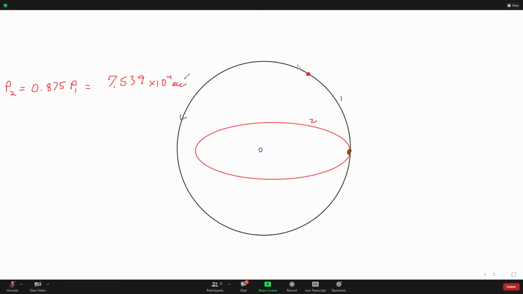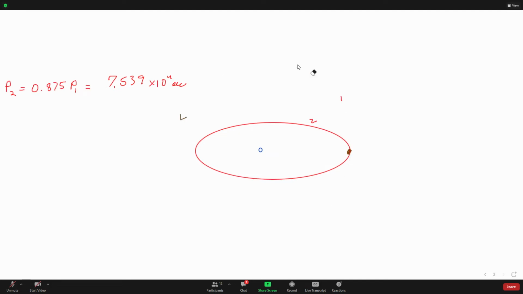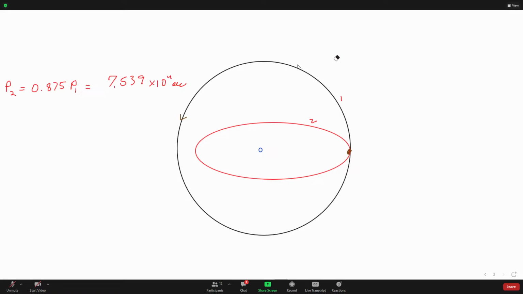So this red orbit will go all the way around in the time that it takes the sub-satellite point on the Earth to be right there.